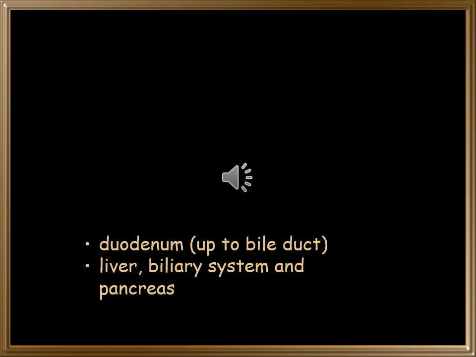As I have mentioned, the primitive gut is attached to the anterior abdominal wall by a ventral mesentery and to the posterior abdominal wall by a dorsal mesentery. The dorsal mesentery is continuous right from the diaphragm down to the anal canal. There is no interruption.